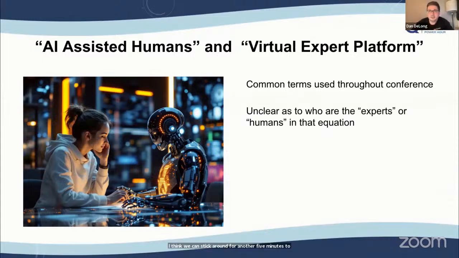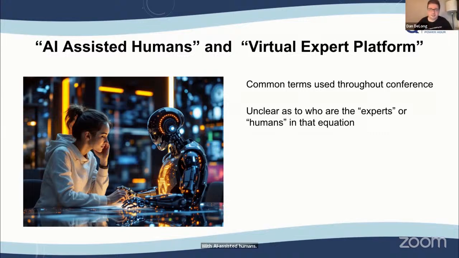Because I do want to talk about the AI, this theme of AI assisted humans and virtual expert platform, which was one of the, I don't know if you want to call it an excuse or an explanation in this apology, that they're looking to create a virtual expert platform with AI assisted humans, right?